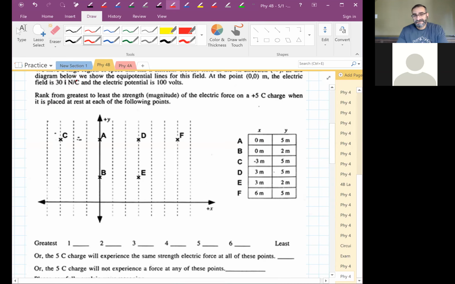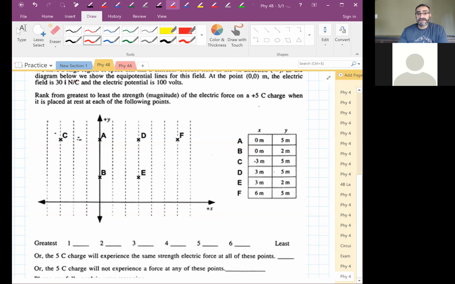Okay, now answer the question. What's force?